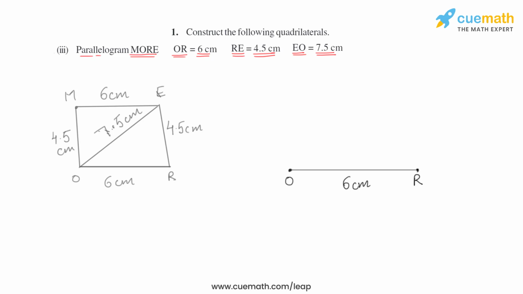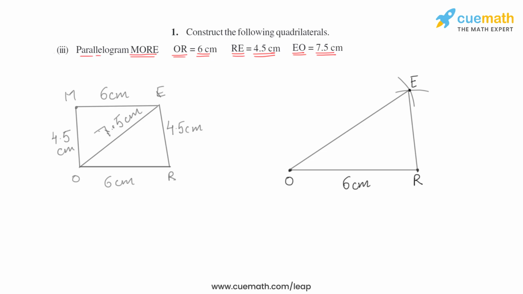So taking R as center and a radius of 4.5, construct an arc like this, and taking O as center, because EO is 7.5, taking O as center and a radius of 7.5, construct an arc like this. Then this point of intersection will be E. Then join OE and ER.